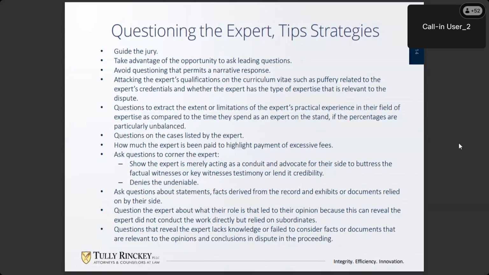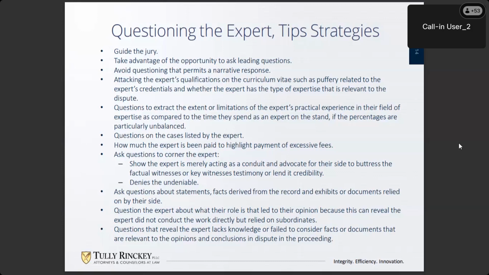Another area too is the type of cases they've been involved in. Say, for instance, you have a damages expert and they've listed a lot of cases, but those had nothing to do with judgments issued in favor of a party they were testifying for, but were in fact related to mediation or settlement discussions.